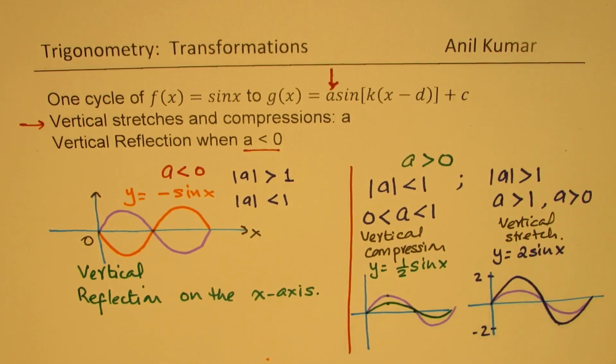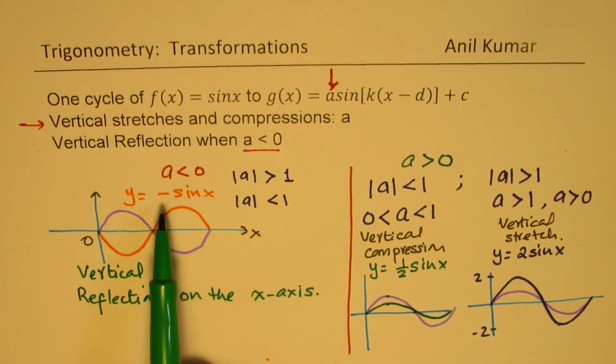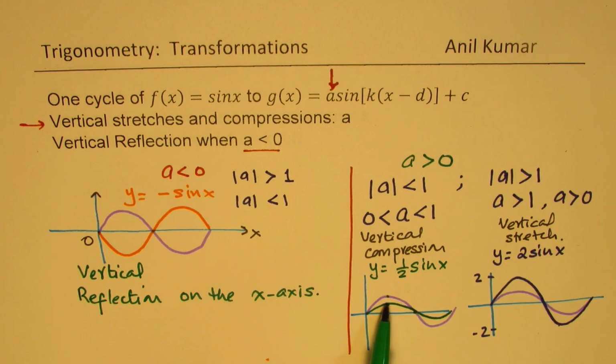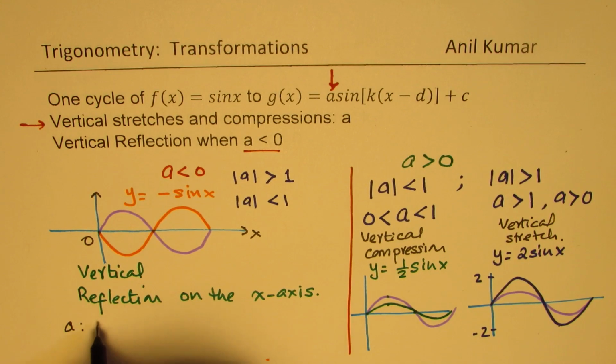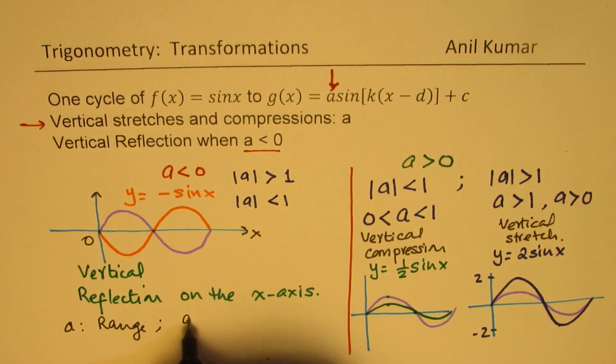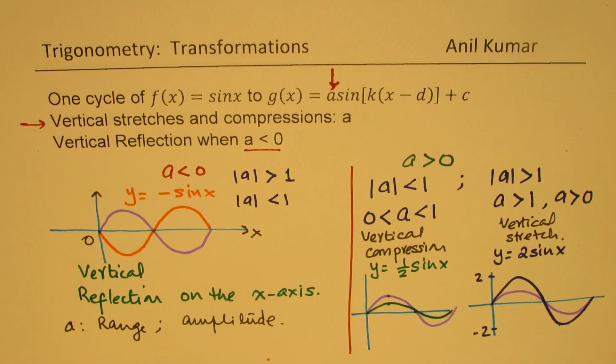At x, they will have the common point, right? As seen here, right? Now, if a is negative, of course, this will be flipped over the x-axis. So what you notice here is that the a parameter changes the range and also the amplitude. We'll actually see combination of all of them later, right?